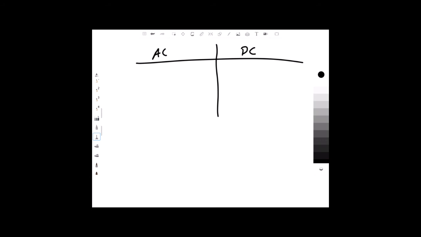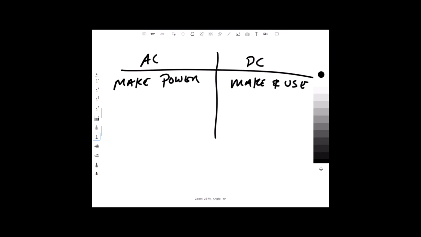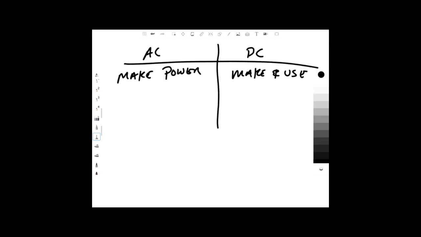AC is used to make power, and DC is both make and use. So both of them have the same way of talking about energy. They're both equal. In AC, we have volts and amps. And in DC, we have volts and amps.